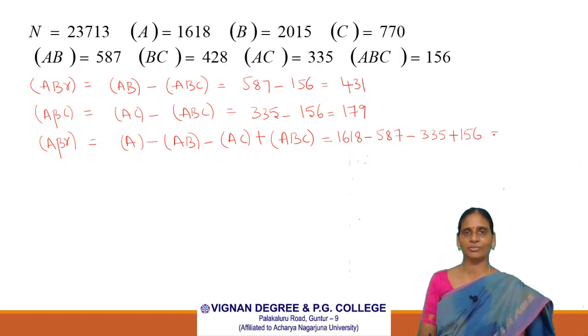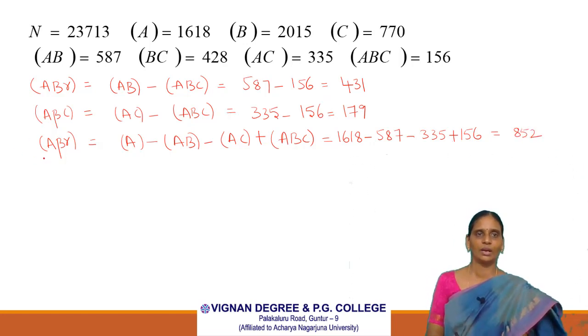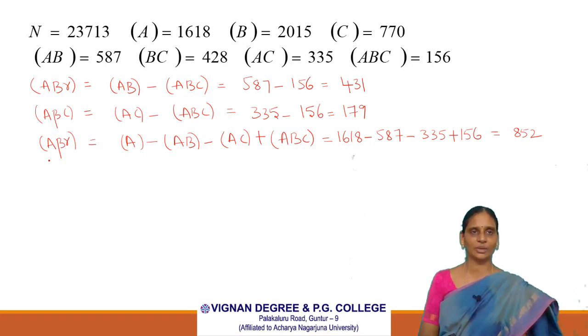So after the simplification, we get the value of frequency of A beta gamma is 852. And the next frequency, that is frequency of alpha BC, is equal to frequency of BC minus frequency of ABC.